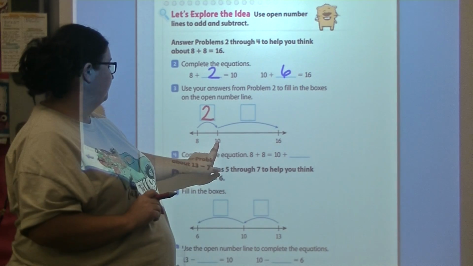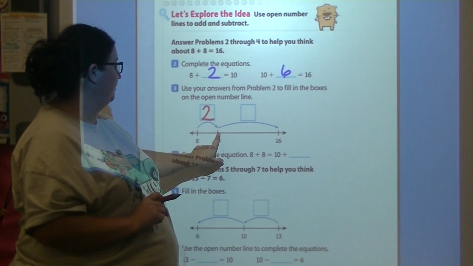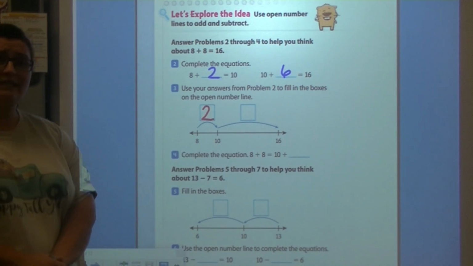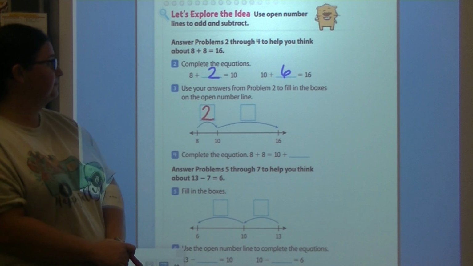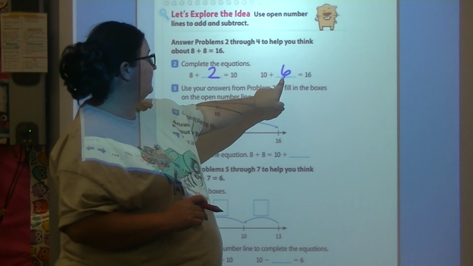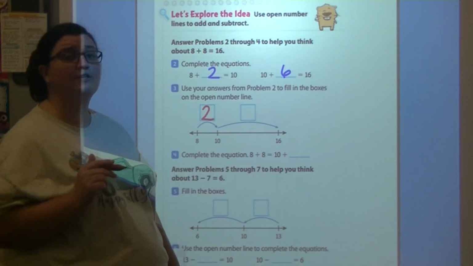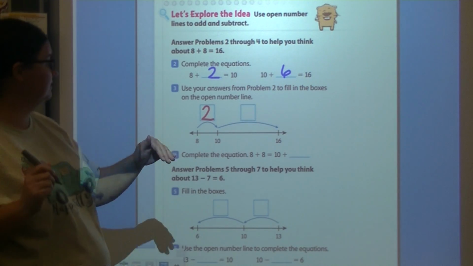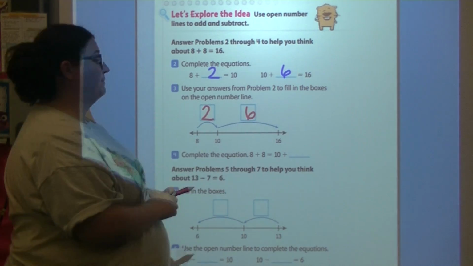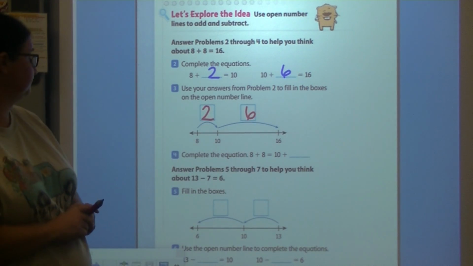And now, from 10, we would hop how many times to get to 16? Ten plus 6 equals 16, so we would hop 6 times to make it to 16.